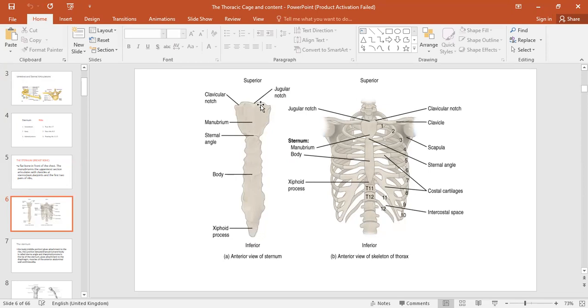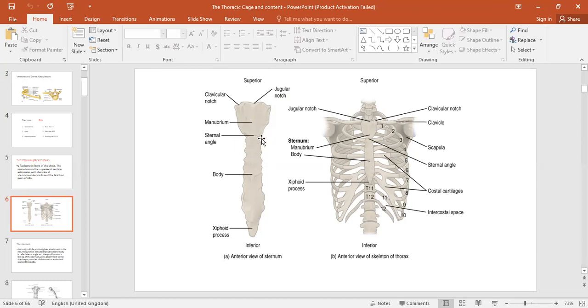The manubrium is attached to the body of the sternum here, and we call that the manubriosternal joint, otherwise known as the sternal angle of Louis. If you run your finger on the sternum, you feel a lump at this point. We call it the sternal angle of Louis because this is where the second rib is attached.